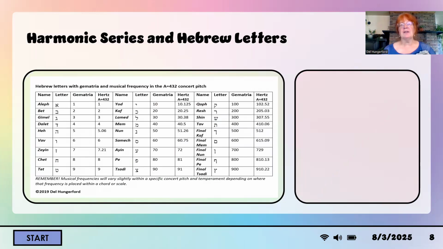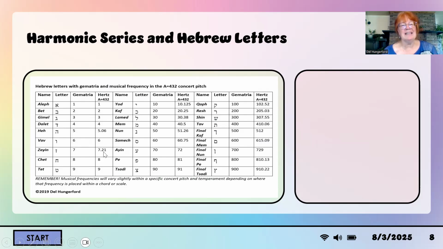Okay, the harmonic series in the Hebrew letters. If you take the gematria, here's 1 through 9. These are the first 9. And you make 1 hertz, and you make this 2 hertz, and 3 hertz, and 4 hertz. Now, when we get to the fifth one, it's 5.06 hertz. Then the sixth one is 6 hertz, and then 7.21.